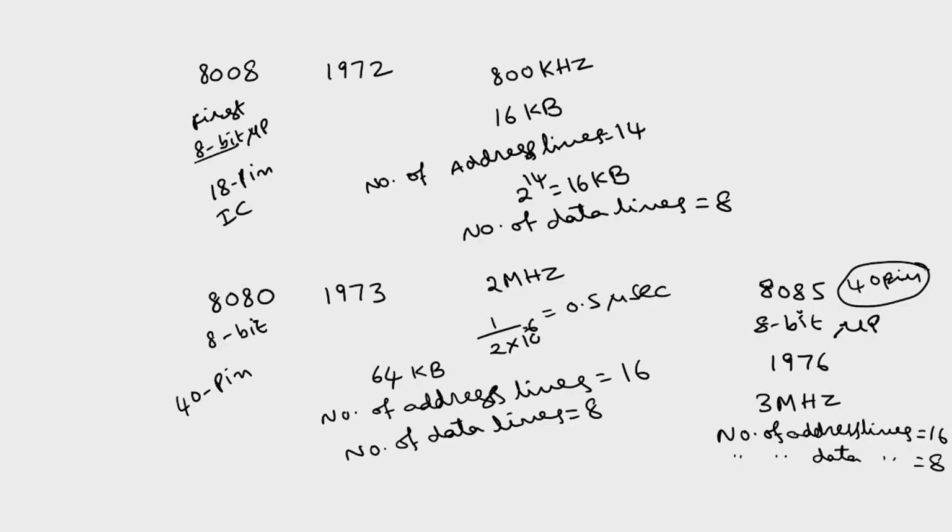Then Intel's first 16-bit microprocessor is 8086. In this course, we are going to concentrate on 8086.